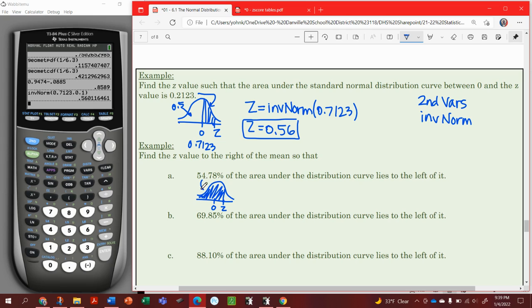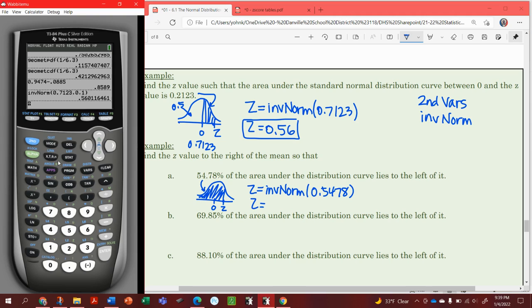So this graph is shaded 54.78%. Well, to find the z-score that goes with it, we're going to do the opposite. Inverse norm. And how much area is to the left of this z-score? Well, everything to the left is shaded, unlike the problem above. And so all we have to do is plug in 0.5478. This is going to give me our z-score.